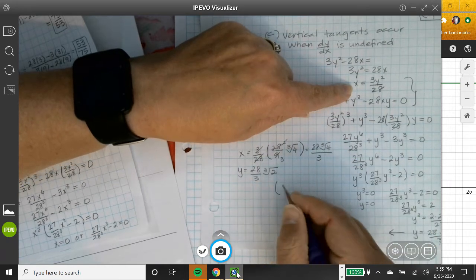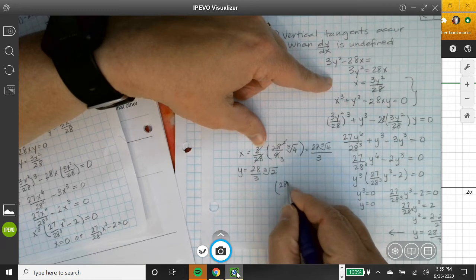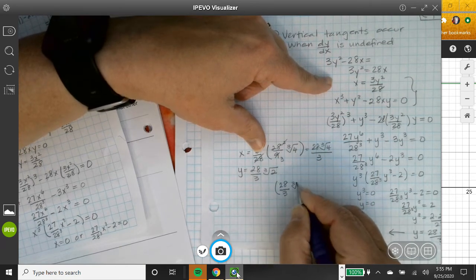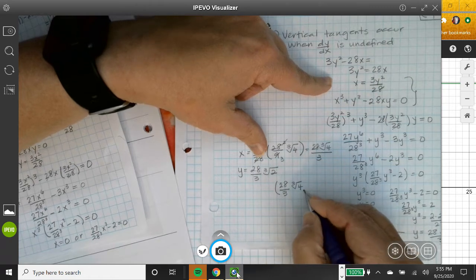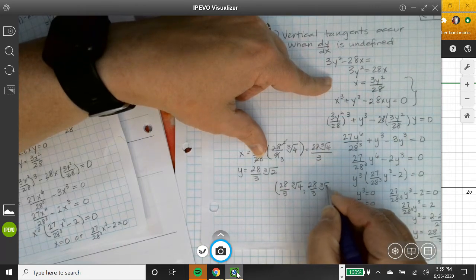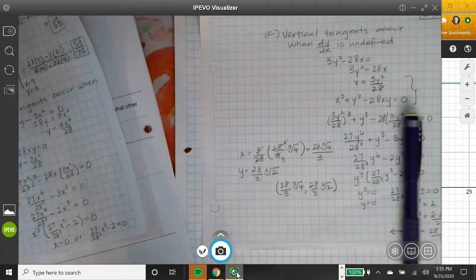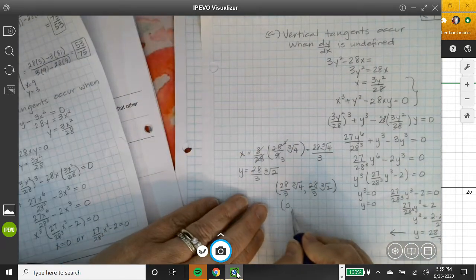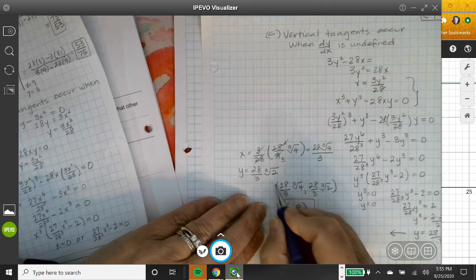So my point where I have a vertical tangent is going to be 28 over 3 cube root of 4, comma, 28 over 3 cube root of 2. So the point's just flipped. And obviously, there's 0, 0, which is what we expected when we looked at the graph.